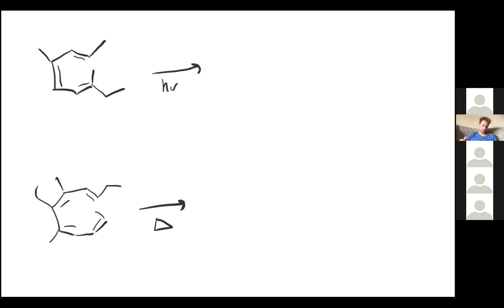Okay, so we've got 3 double bonds. Means we're going to make a 6-membered ring. Redrawing this to put our orbitals in.